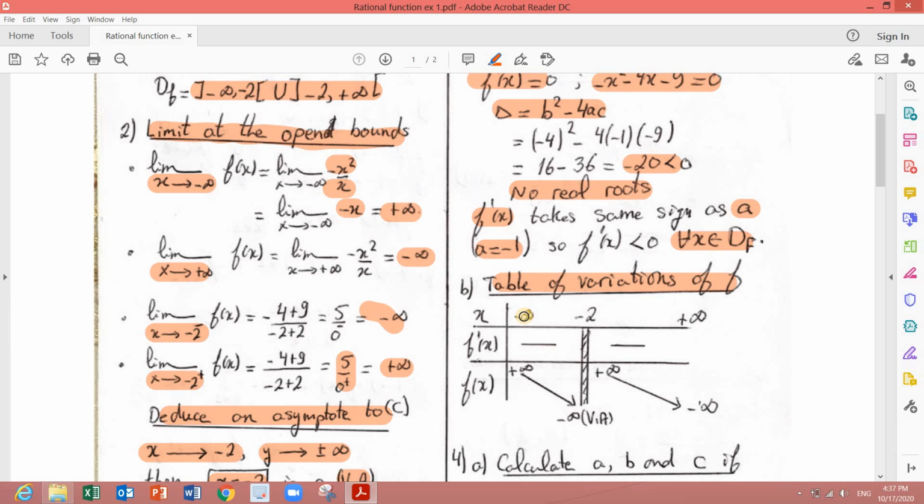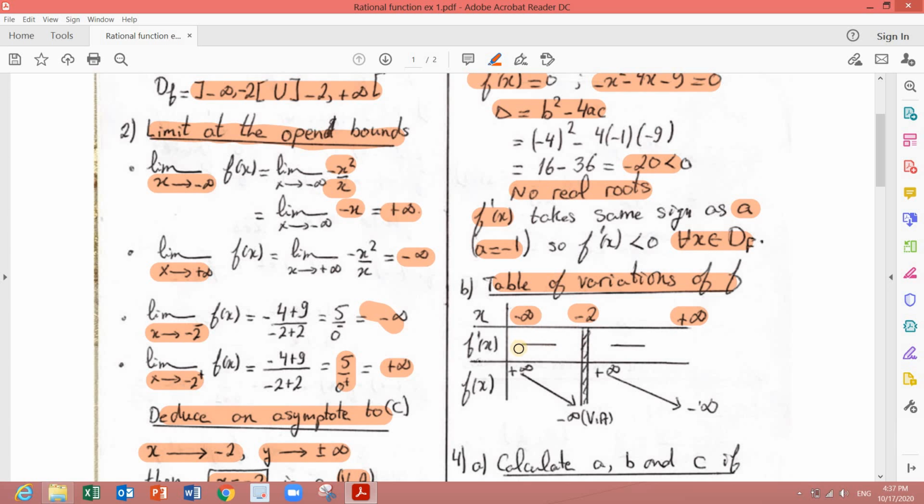Remember that we always have to put on the number line, which is x, the domain of definition: minus infinity, minus 2. Don't forget to put minus 2 from the domain of definition, then plus infinity. On the first line, we put f prime x, on the second line, f x. Negative, negative, since we have proved in part A that f prime x is less than 0. Negative, it is decreasing.